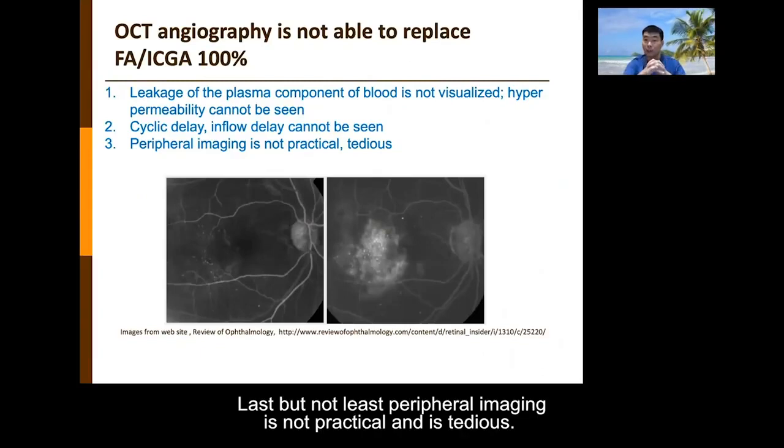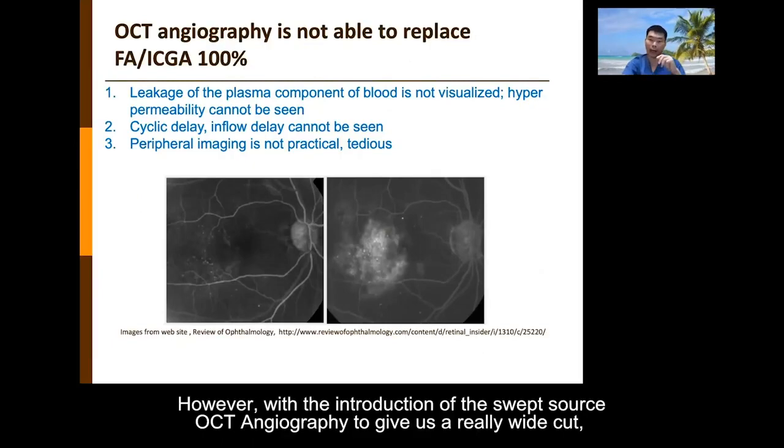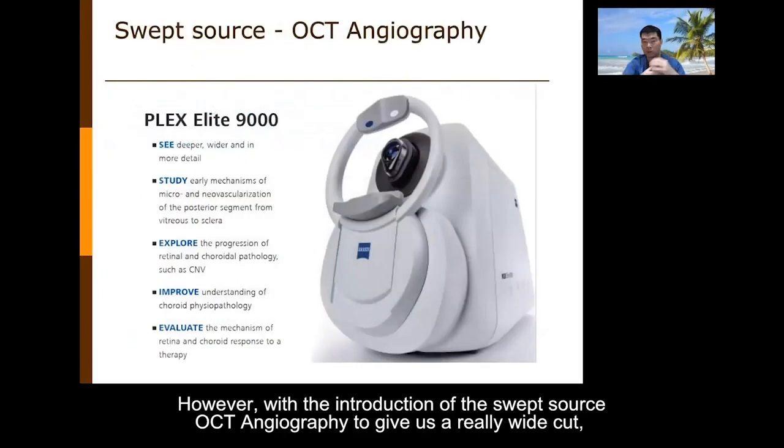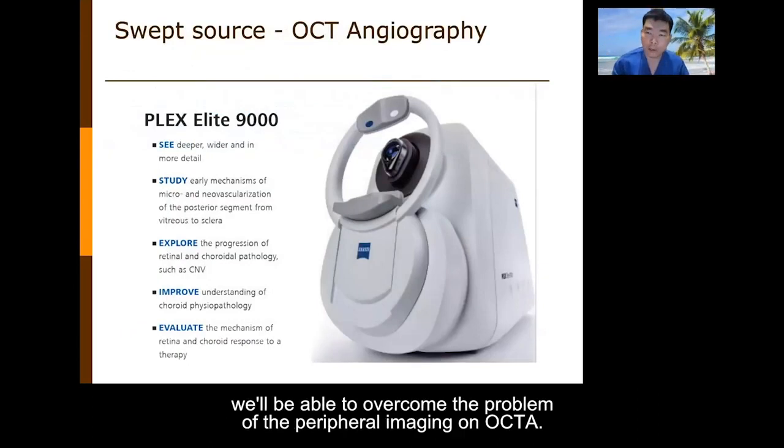Last but not least, peripheral imaging can be a chore, not very practical, and tedious and laborious. However, with the introduction of the swept source OCT angio to give us a really wide 15 mm cut, we will be able to overcome the problem of peripheral imaging on the OCTA.